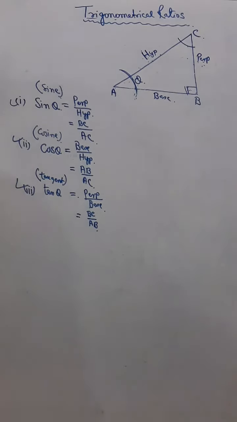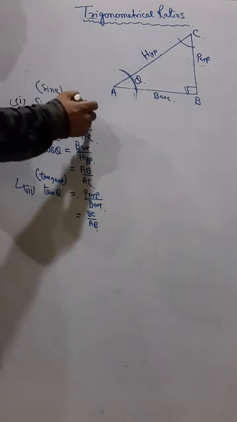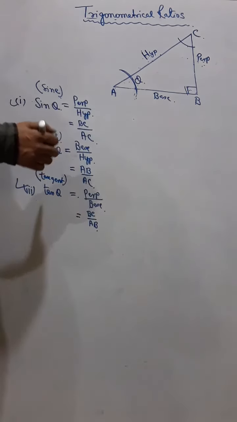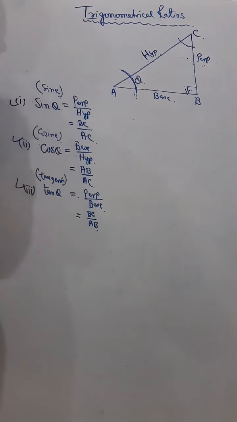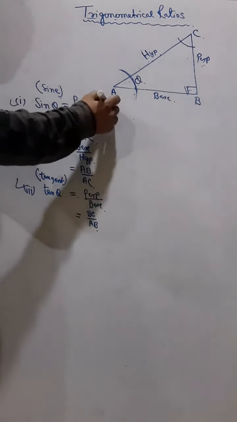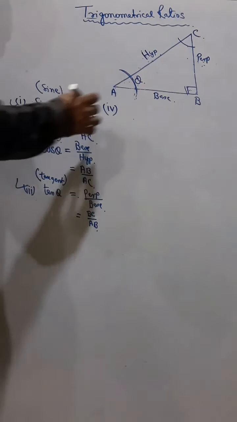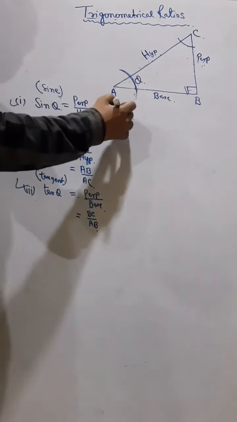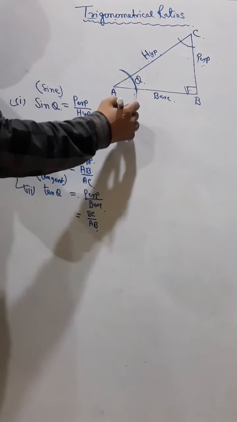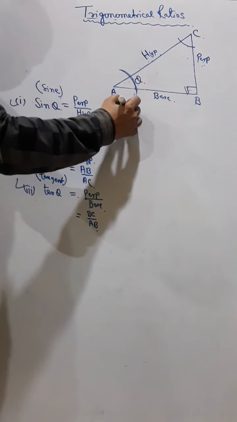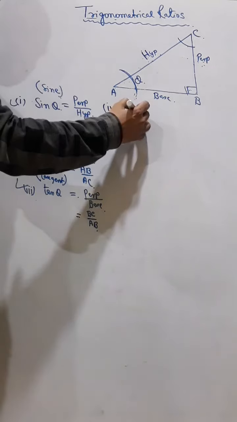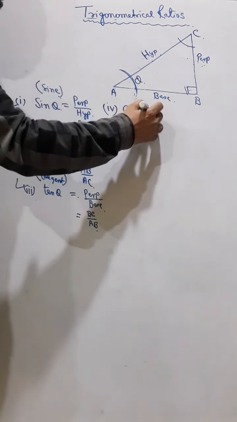So these are the three main trigonometrical ratios. In fact there are 6 trigonometrical ratios, but why did I tell you 3 main? Because the other 3 are just the reciprocals of these 3. So the other 3, say number 4, that is cosec theta.